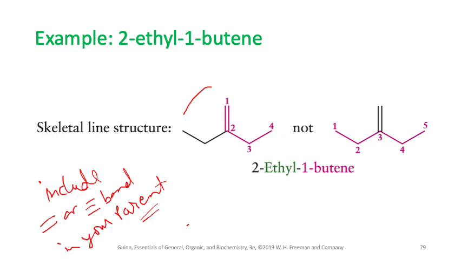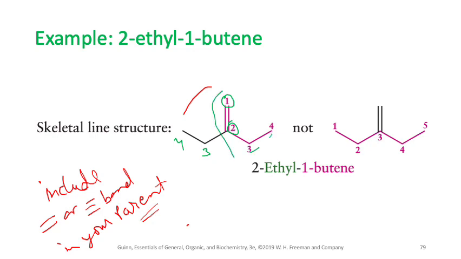So let's apply both the rules, and the rest of the rules will be the same as we did for the substituted alkane. So let's try this one. For this structure I can write the numbering two ways. I can start with this carbon 1 2, I can go this way 3 4, or I can go this way 3 4, doesn't matter.